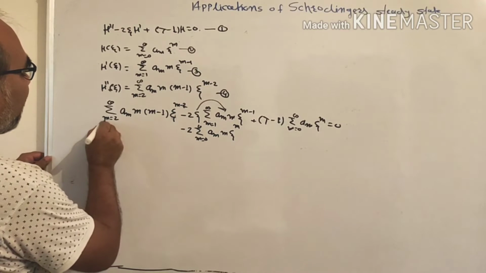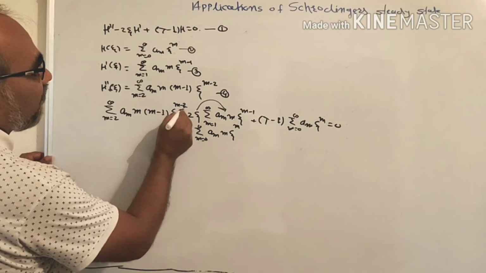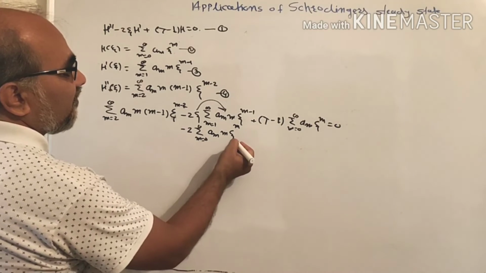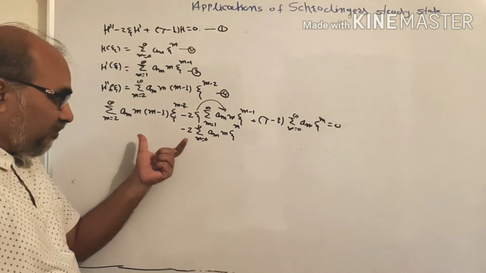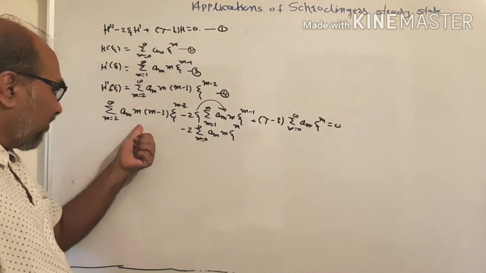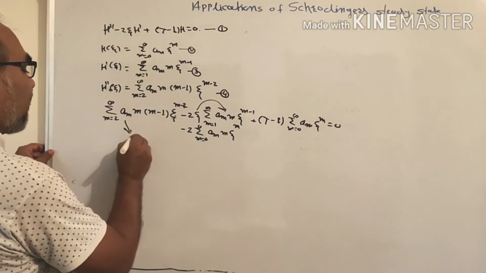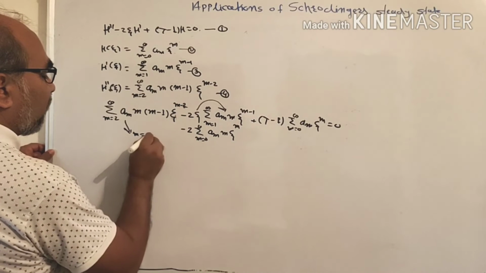Now here we have zeta raised to m minus 2. Here it is zeta raised to m, here also zeta raised to m, and therefore to get a common factor zeta raised to m, in the first term we have to replace m by m plus 2.